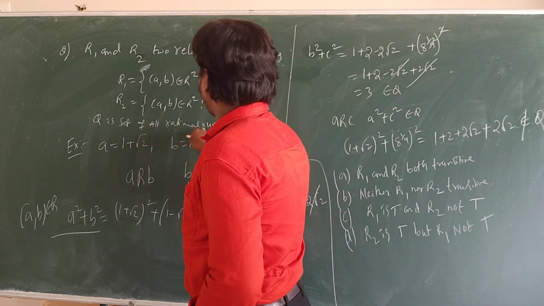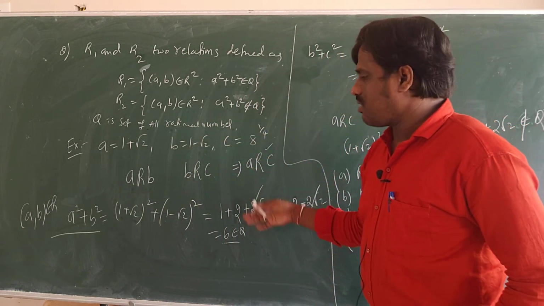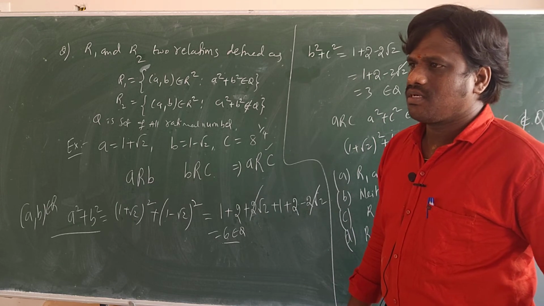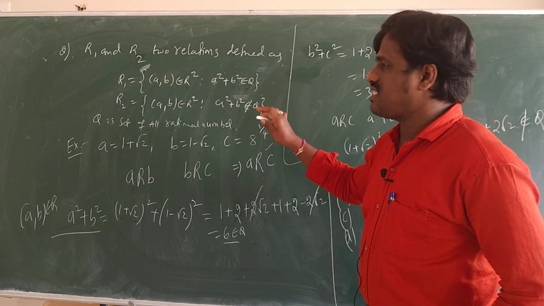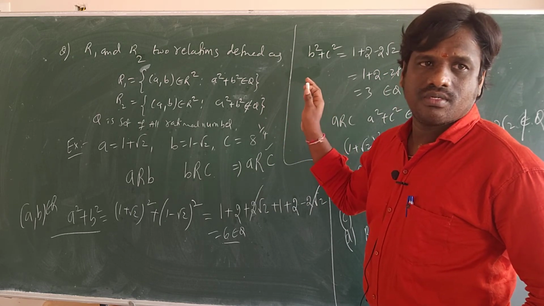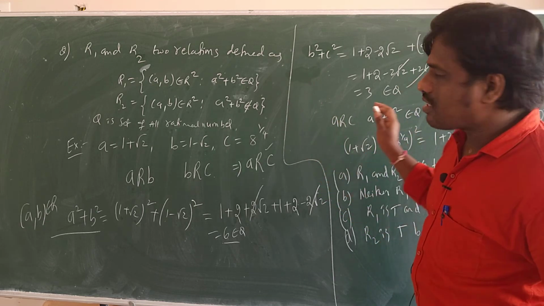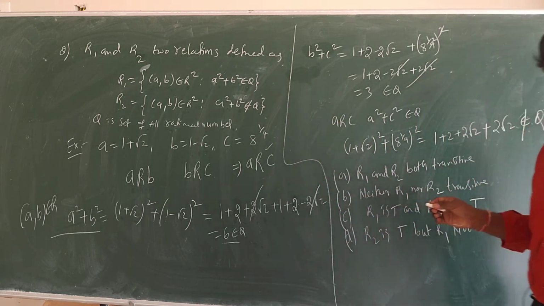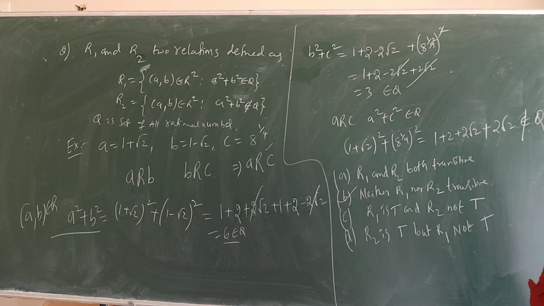Q is the set of all rational numbers. It should hold for all, but you are not getting that. Understood? So R2 is also not transitive. If it is not satisfying one condition, it is not true at all. Both are not transitive, so which option is correct? B is right. Understood, or do you have any doubt?